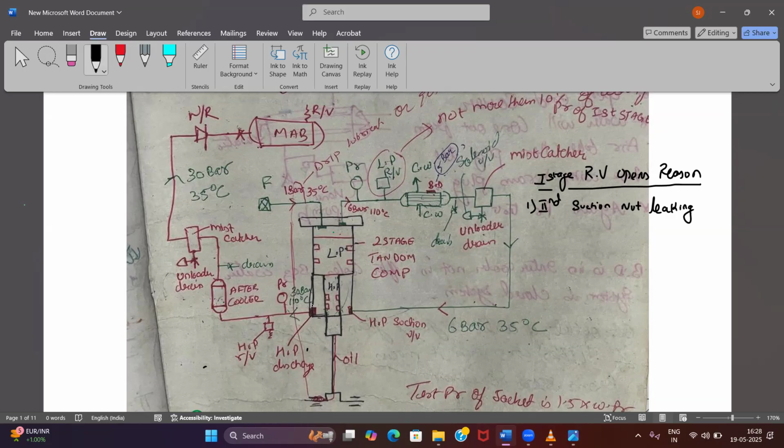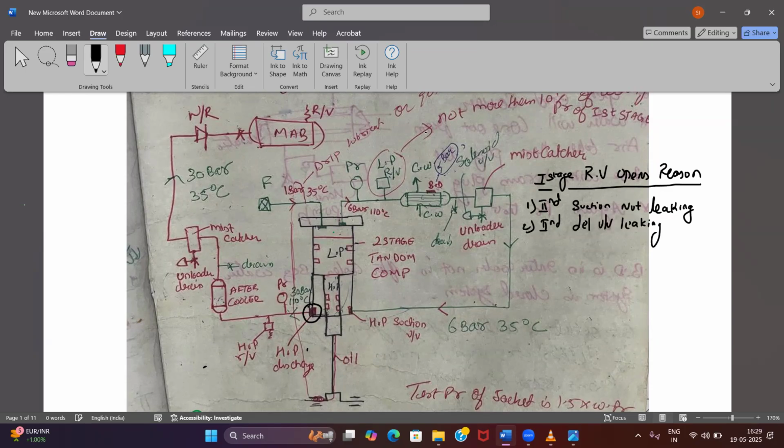Suppose this valve starts to leak: the second stage delivery valve leaking.